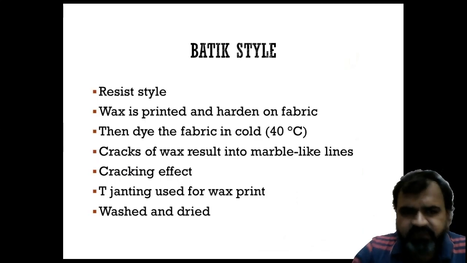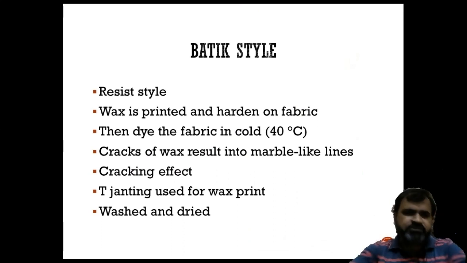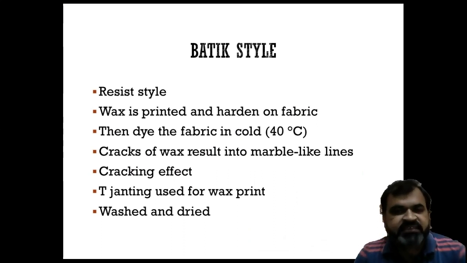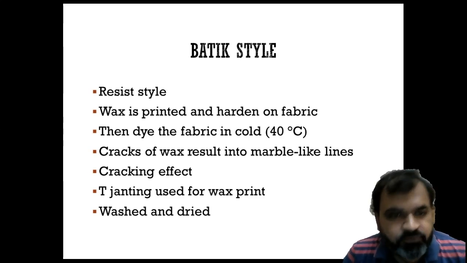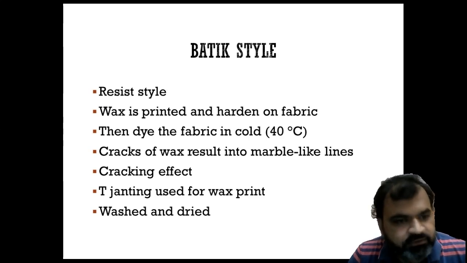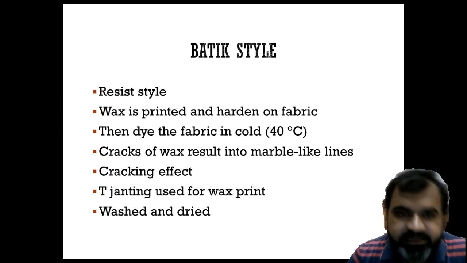Now batik. Batik is a very old technique, and somewhere this thing is still used for a lungi. It is many lungi printing for South Africa also. It is known as the crackle effect. They are saying it's the cracking. So what is cracking? So you have to print the wax. You have to print the molten wax on your fabric at a particular portion, and then you go for a dye.